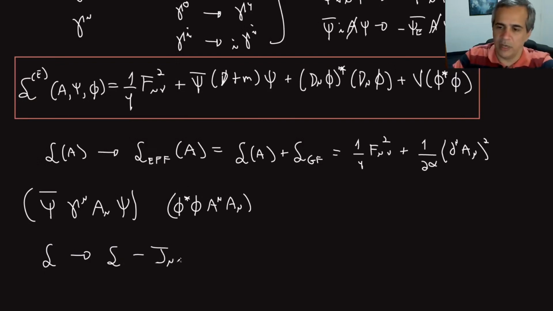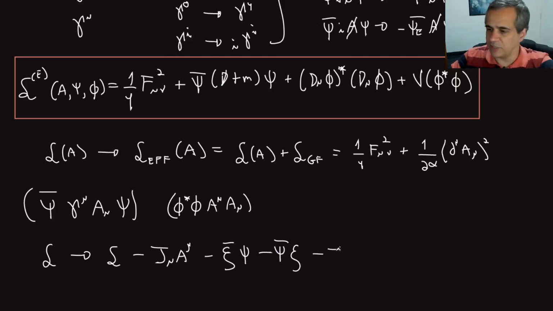So I can put a source for the gauge field, for the electromagnetic field, sources for the fermions. Remember, I need two of them because this is a complex field. Same for the scalar.